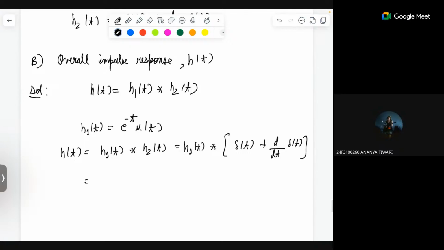So that will give me h1 of t convolved with delta t will give me what? Tell me. H1 of t convolved with delta of t. What will I get? H1 of t convolved with delta t plus h1 of t convolved with whatever is written there, d by dt delta t.